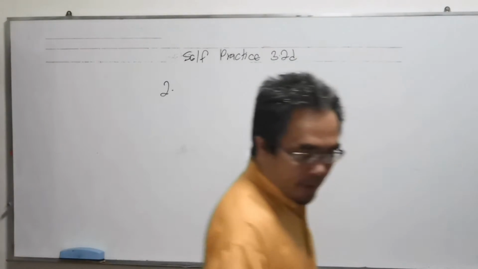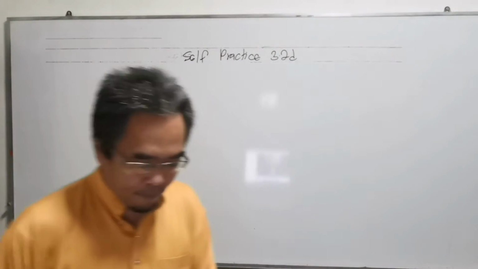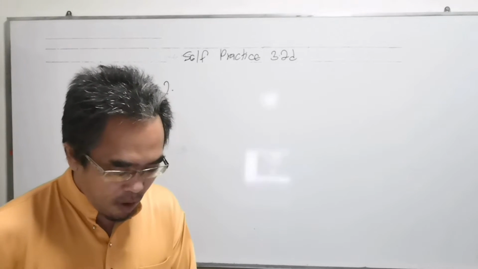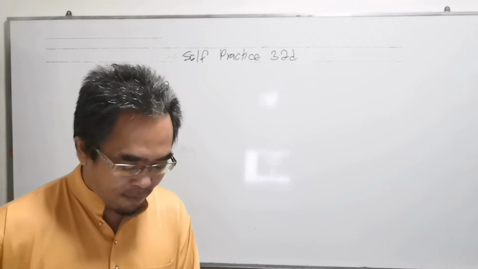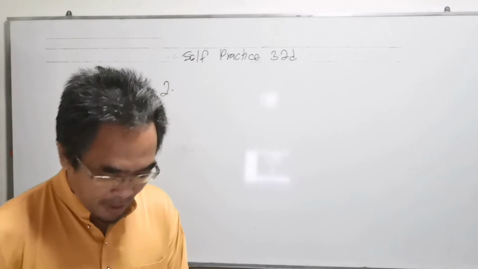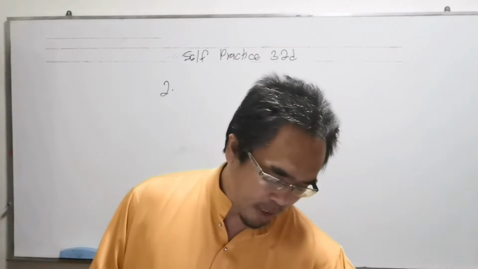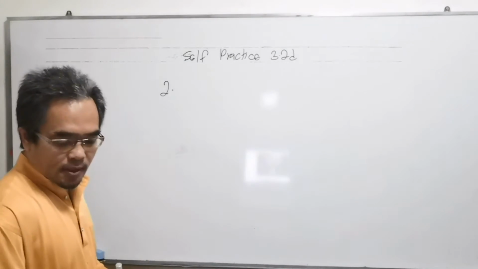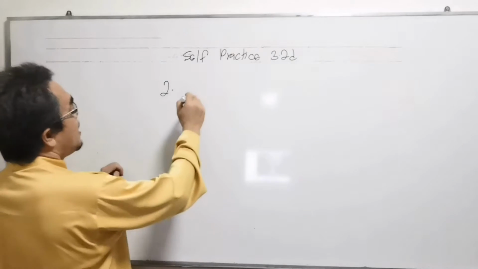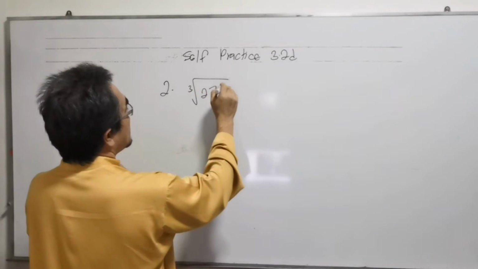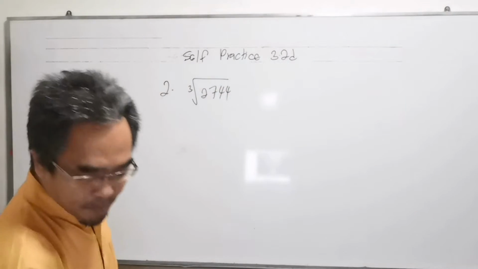So how to find the cube root of 2744 by using the prime factorization method? Okay, it's like this. Find the cube root of 2744.